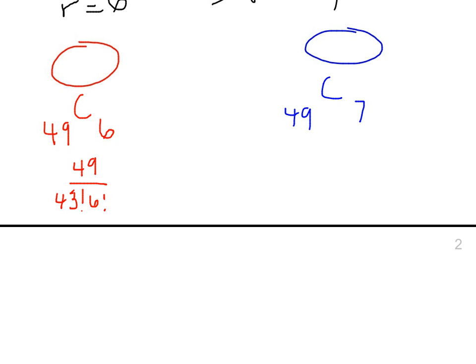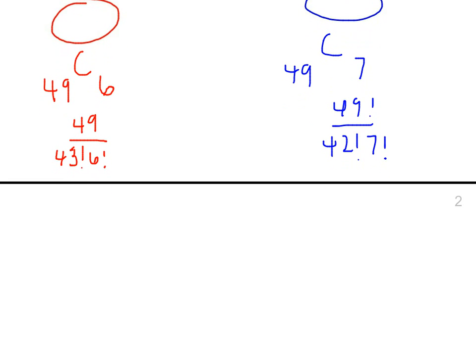Then we have 49 factorial over 49 minus 7, which is 42, so 42 factorial, times 7 factorial. Keep in mind that what ends up canceling out is anything 43 factorial and below here, and anything 42 factorial and below here.